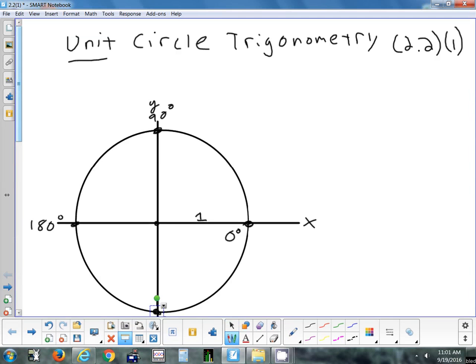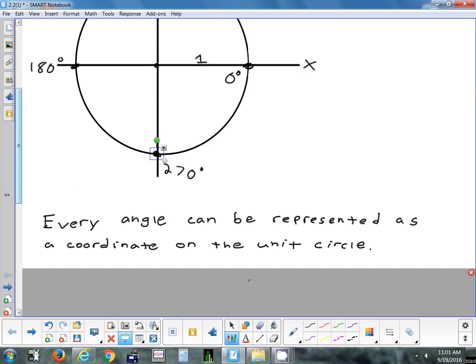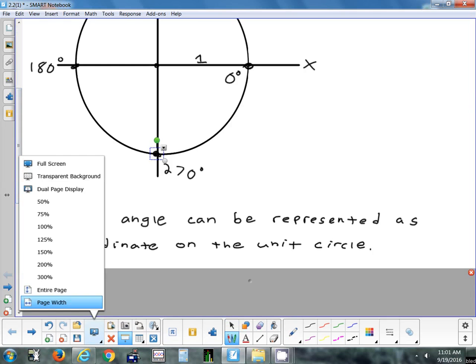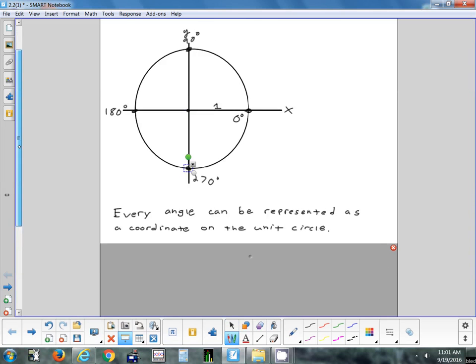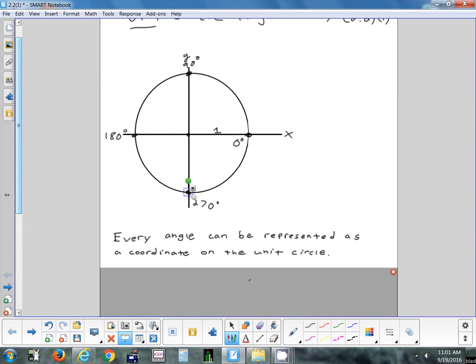Everything that we do today and tomorrow is going to be based off this diagram, which is just a circle with a radius of 1. It doesn't matter if it's 1 inch, 1 foot, it's just 1 unit. The goal is basically to figure out a coordinate that represents an angle.